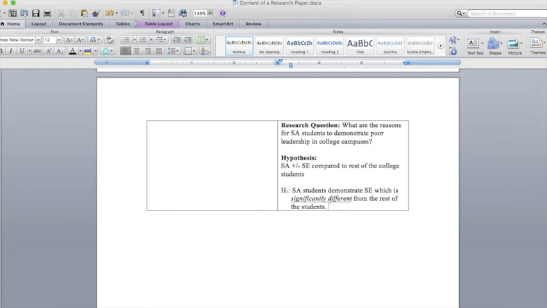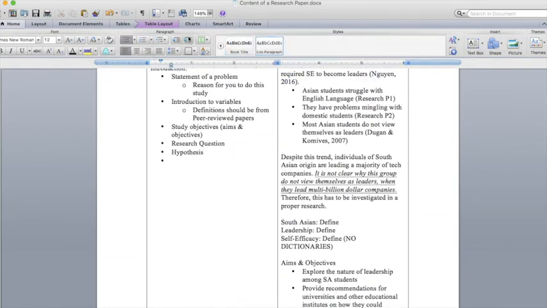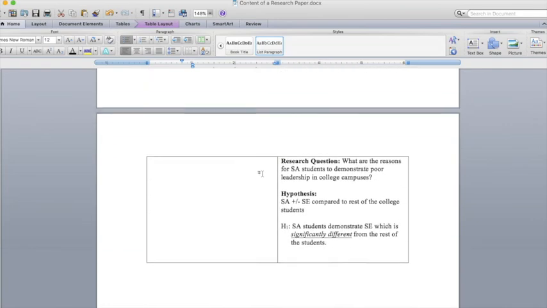Now we call this H1, the alternative hypothesis. H0 is the null hypothesis. This is the alternative and this is the null hypothesis. If your findings go against your expectations, you basically haven't found anything, which means you are accepting your null hypothesis.